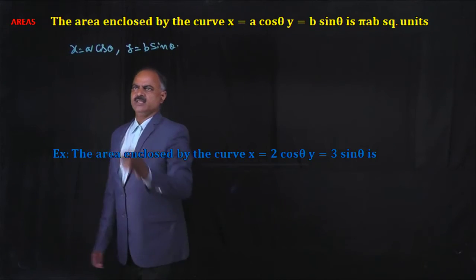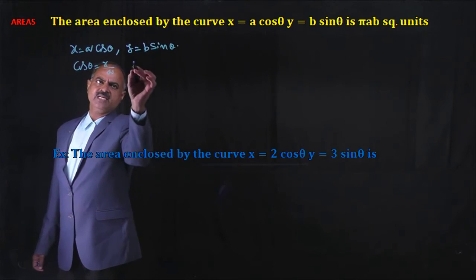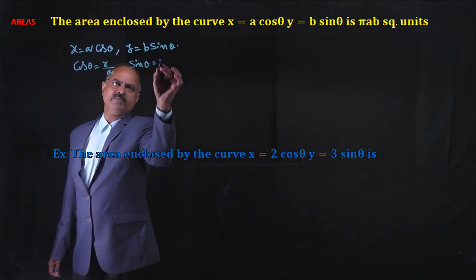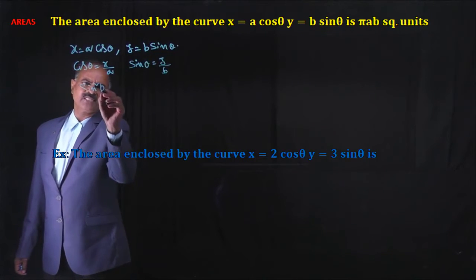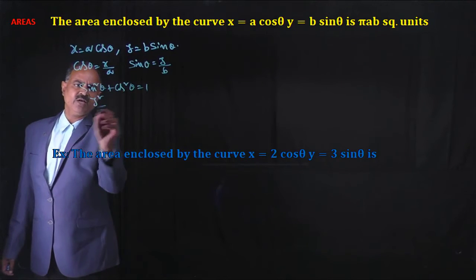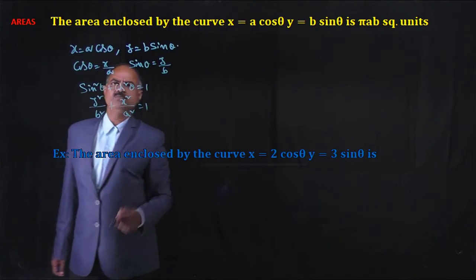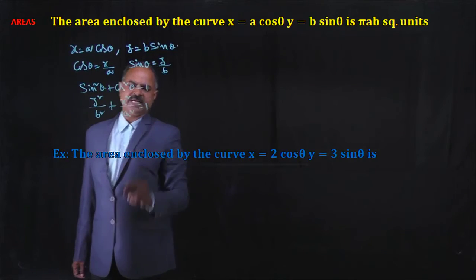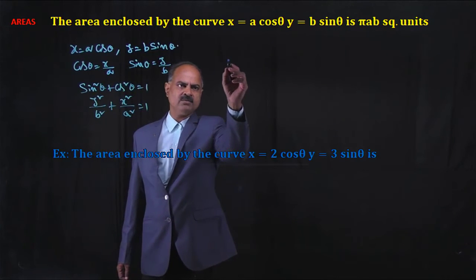So cos theta is equal to x by a and sin theta is equal to y by b. Now sin square theta plus cos square theta is equal to 1. So that is y square by b square plus x square by a square equal to 1. So this is the ellipse x square by a square plus y square by b square is equal to 1.